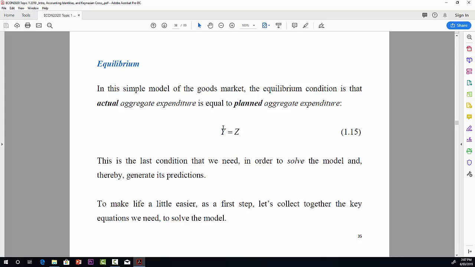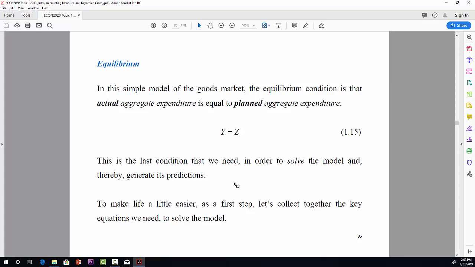So remember, actual aggregate expenditure is Y, and that's equal to planned aggregate expenditure, Z. This is the last condition we need to solve the model. So we now have enough equations that we can sit down and mathematically derive the solution to this model, and thereby our prediction for what equilibrium income, consumption and savings are going to be.